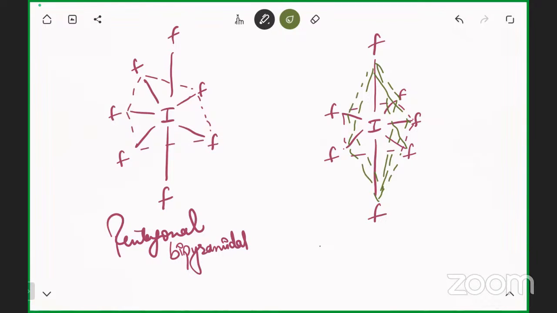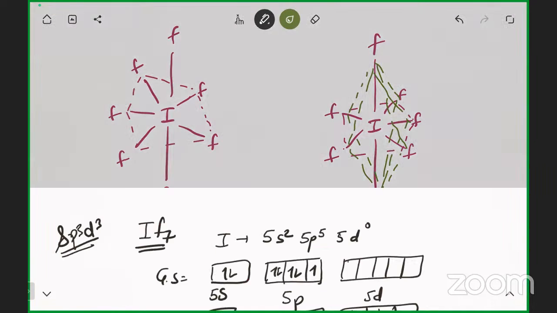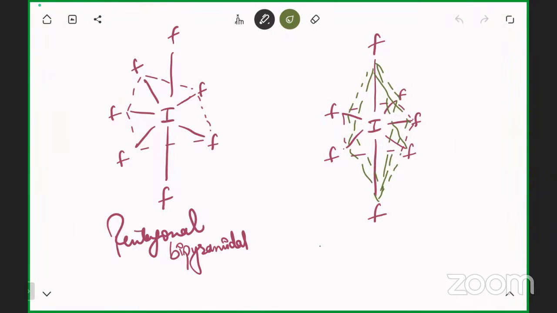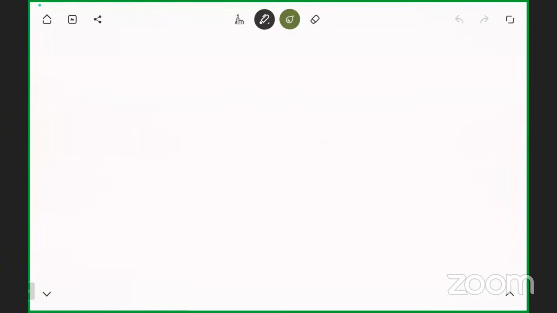That's why it is known as bipyramidal. Bi represents two, pyramid represents a cone type of structure. Okay, clear? Yes, sir.